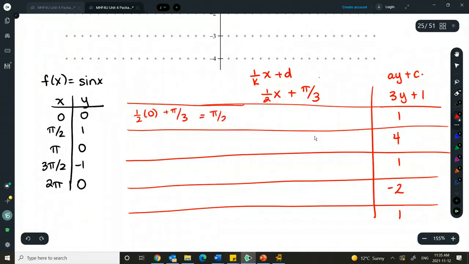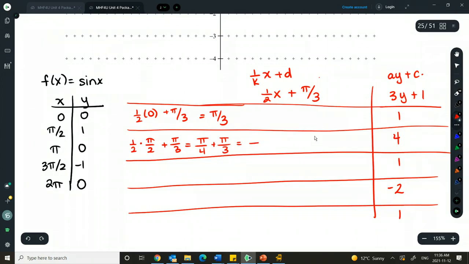We just get pi over 3. Leave a little bit of space over here for yourself as well, or on the other side, doesn't matter. Okay, next one, plug in pi over 2. I'm going to get pi over 4 plus pi over 3.